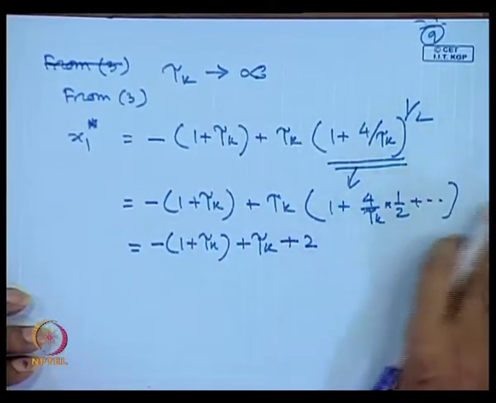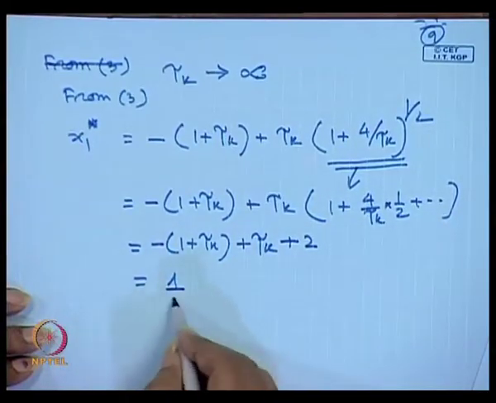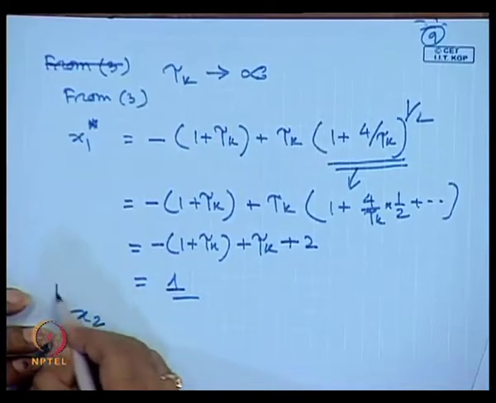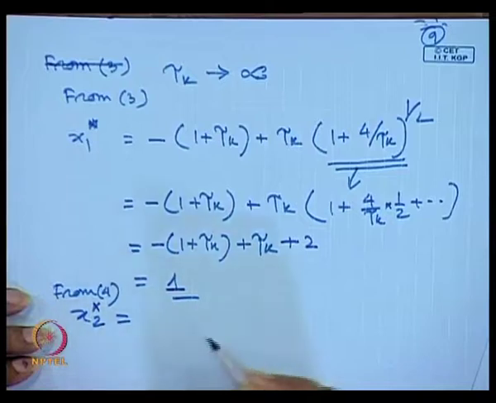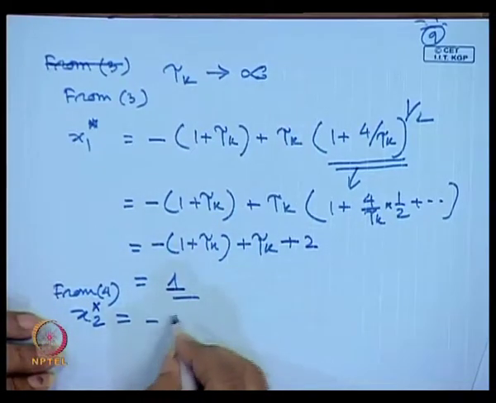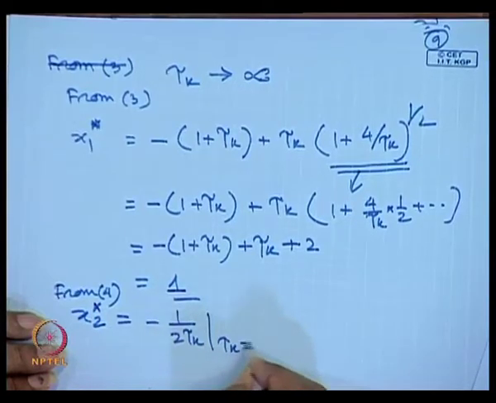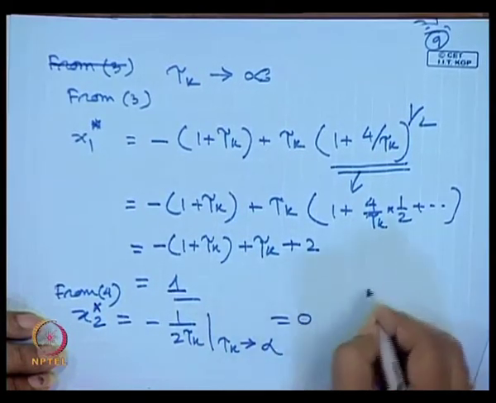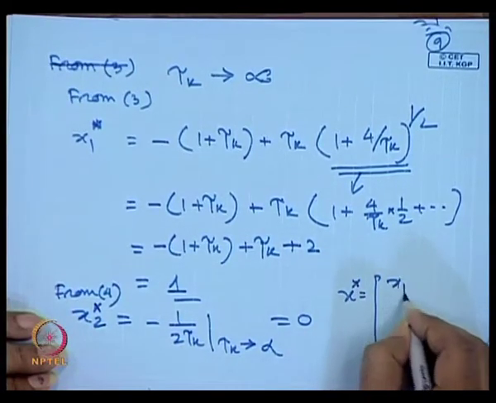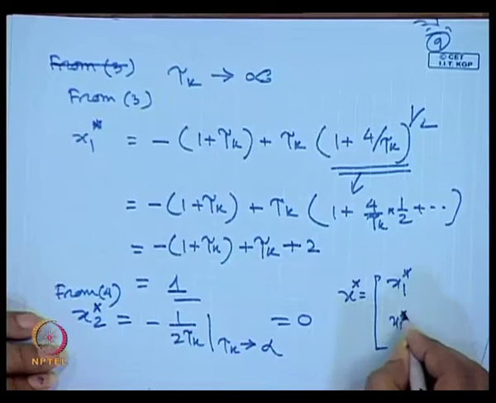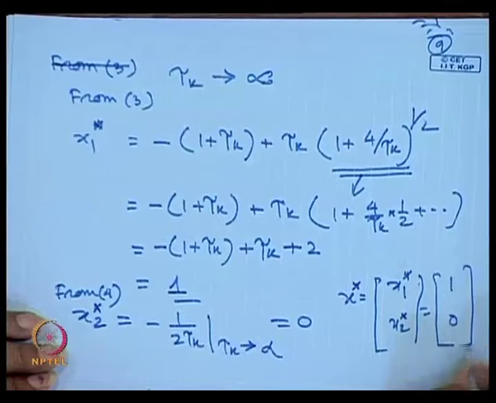So, ultimately it will be a 1, and similarly from 4, x 2 star is equal to, if you see 1 minus 2 tau k, as tau k tends to infinity, this is 0. So, our optimum value x star is equal to x 1 star, x 2 star, that value is equal to 1, 0.